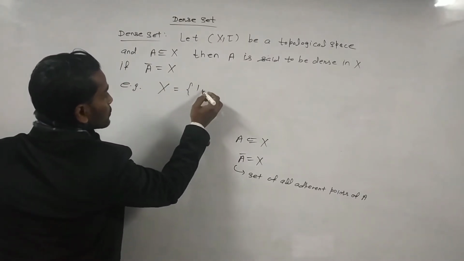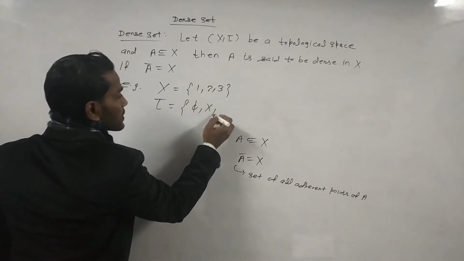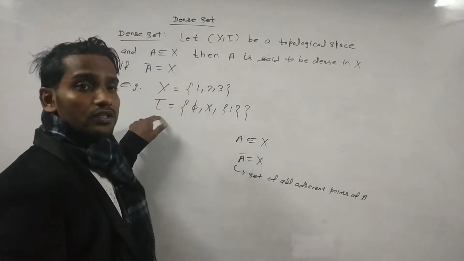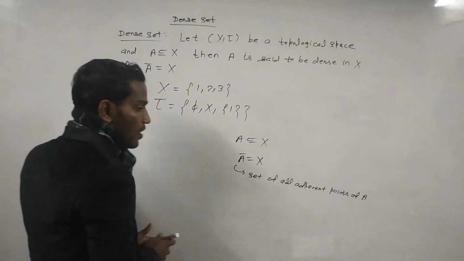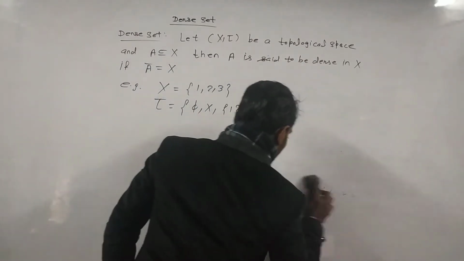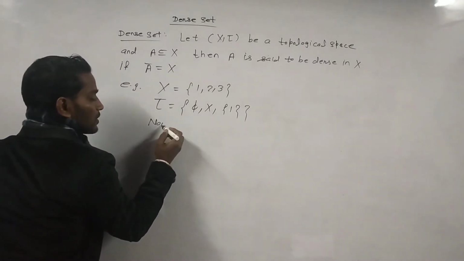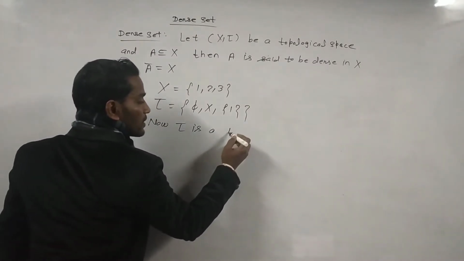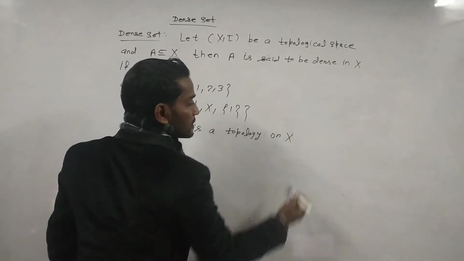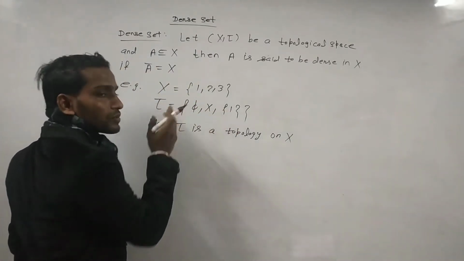X equals {1, 2, 3} and tau is a topology on X such that tau = {phi, X, {1}}. Then tau is a topology on X, as the union of every element of tau belongs to tau.